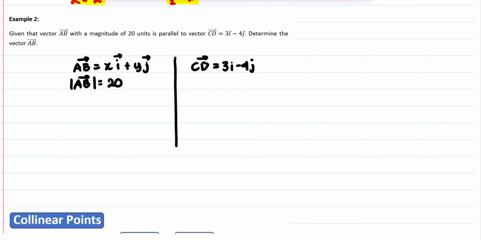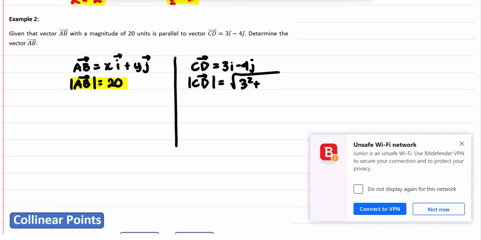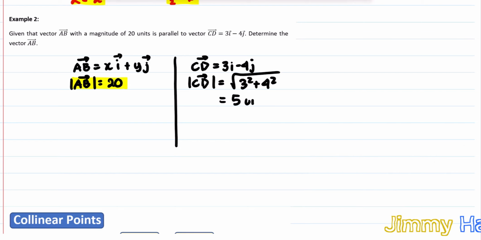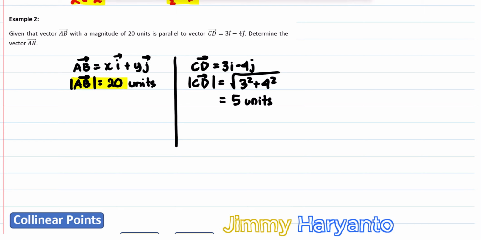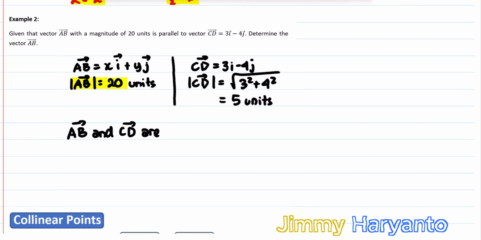Okay, and then because we are talking about the length of AB, that means we have to find the length of CD first. The length of CD will be square root of 3 square plus 4 square, and that equals 5 units. So we have two magnitudes right here, and we also know that AB and CD are parallel.